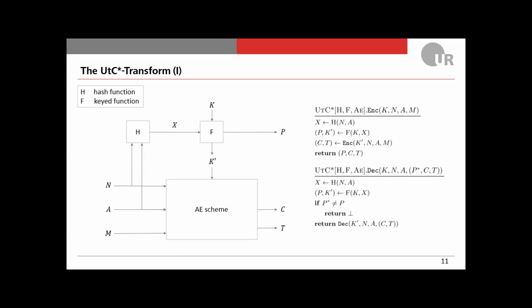So what we have thought about is that the associated data does not need to be input into the AE scheme as well. So that might be a slight advantage, but next to this, we don't have any results on that yet. Yeah, thank you. That may be an interesting future question.